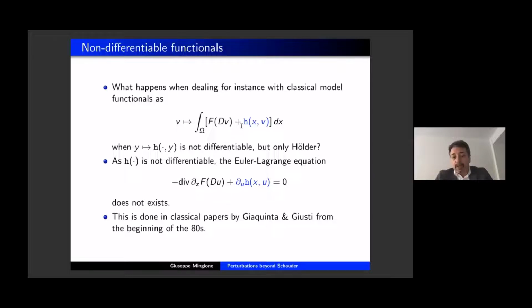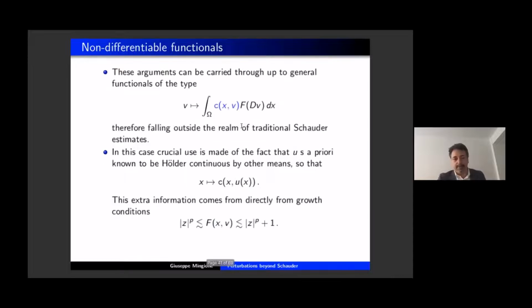And so the Euler-Lagrange equation cannot be used since it just doesn't exist. And so you cannot use the standard techniques relying on equations, but still there are basic and by now classical papers by Giaquinta and Giusti that are able to bypass the absence of the Euler-Lagrange equation and use directly minimality to prove the Hölder continuity of the gradient.